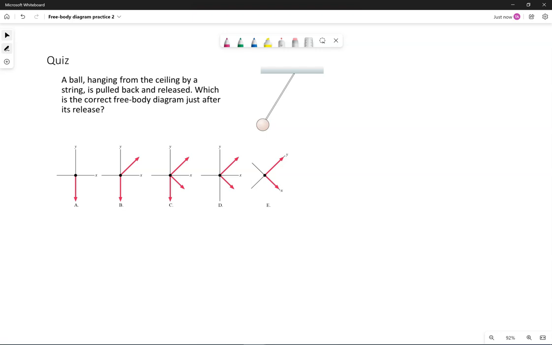All right, our object of interest is the ball. So my dot representing the ball, I can totally draw it right here if I want, that's fine. I tend to draw my free body diagram off to the side often. The forces. We need to recognize the forces acting on the ball.